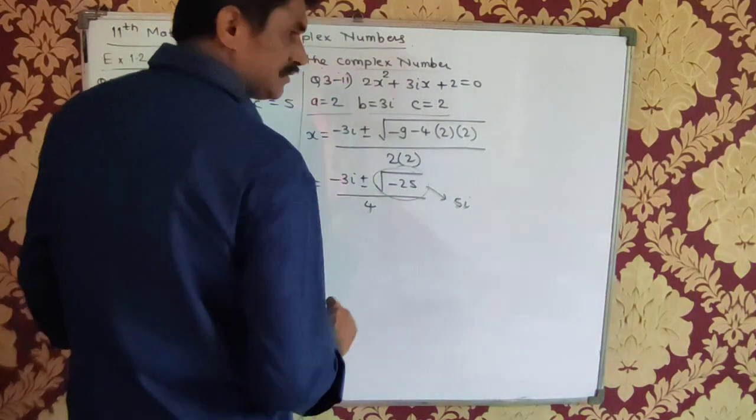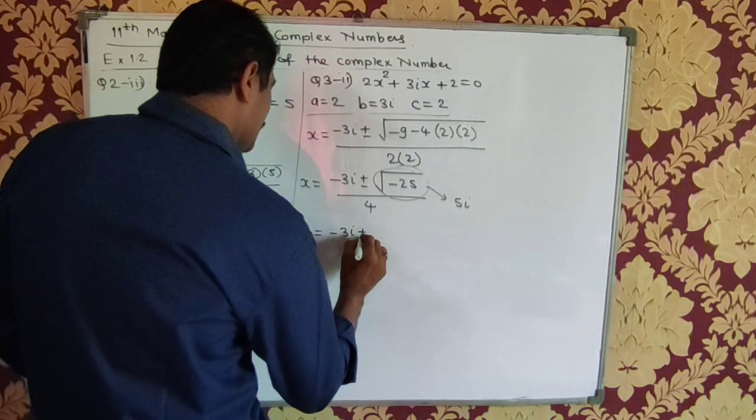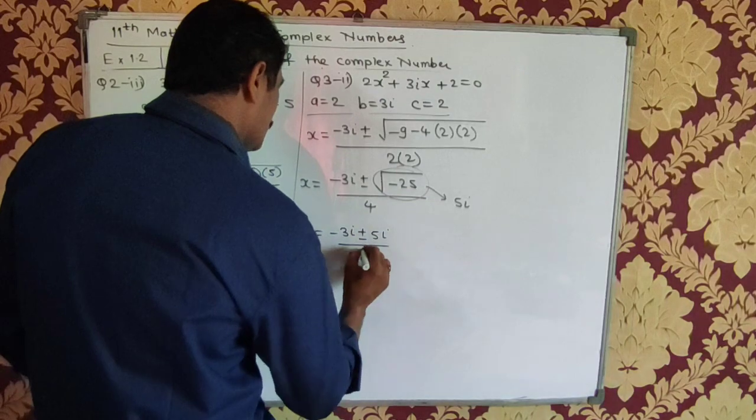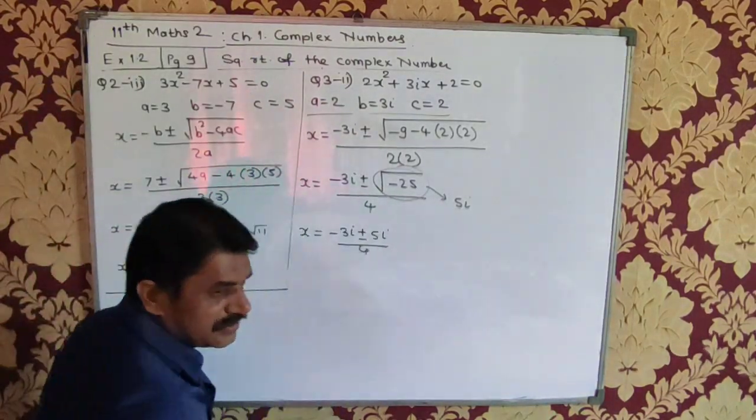So this will become x is equal to minus 3i plus or minus 5i upon 4. So there is no real part in this.